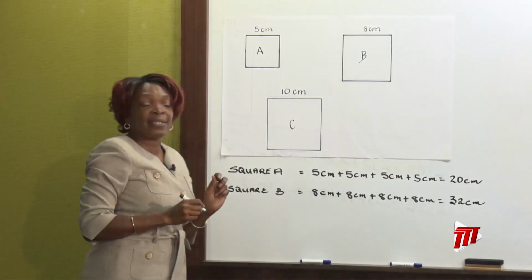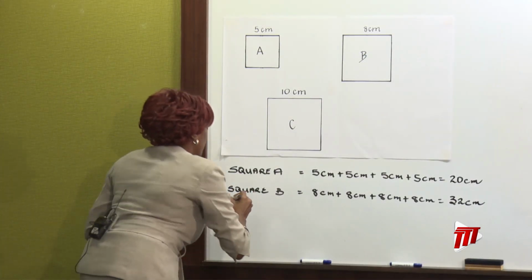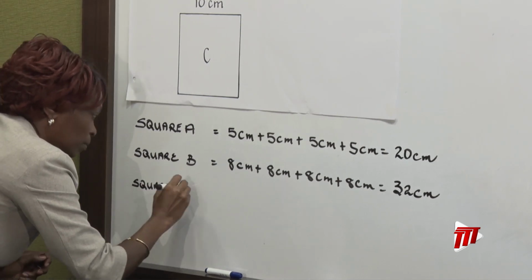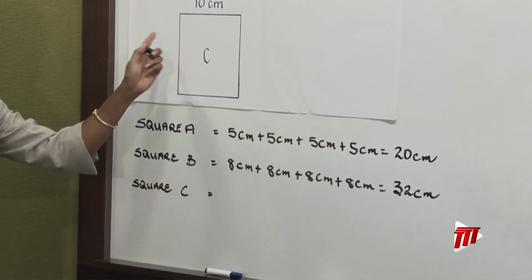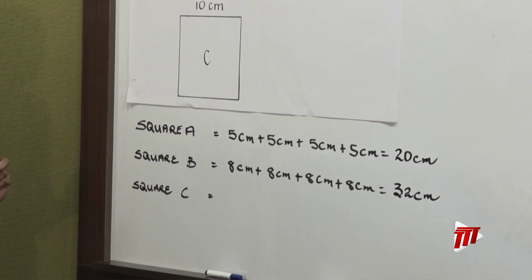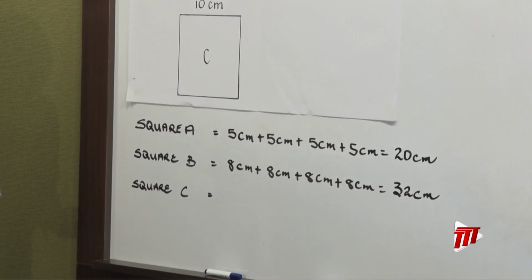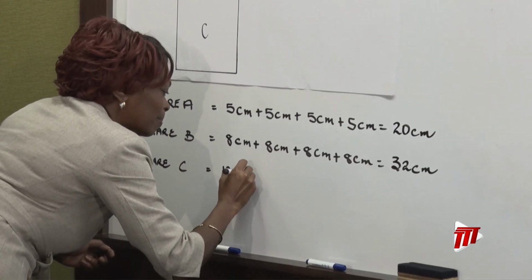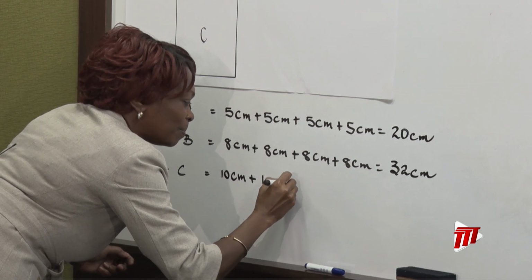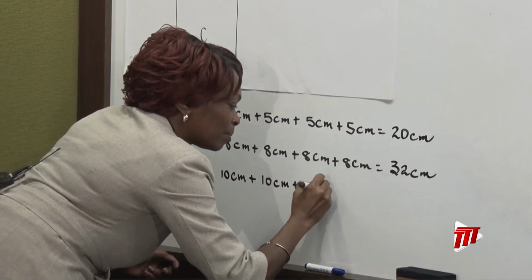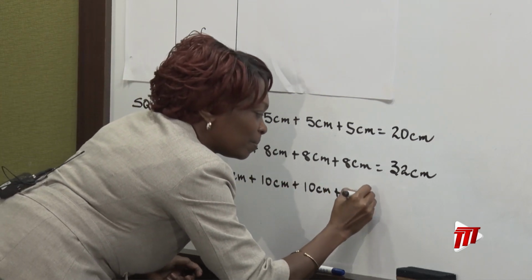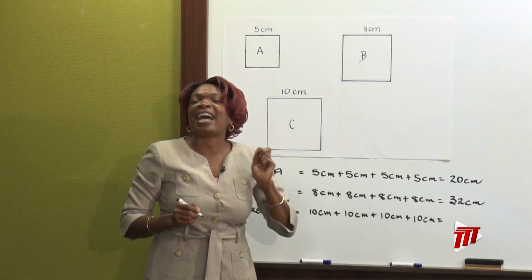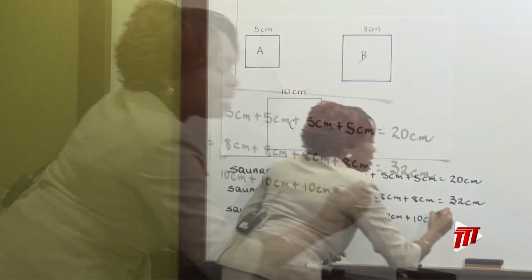And last but not least, square C. What is the length of one side? 10 centimeters. I know you have the answer, you know. I'm seeing it on your faces. Yes, 10 add 10 add 10 add 10 will give us 40 centimeters.